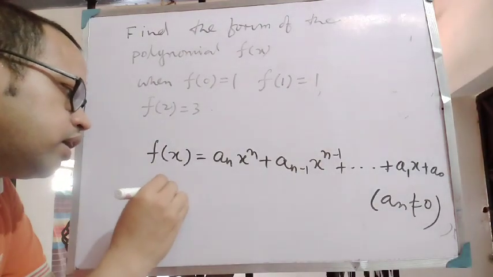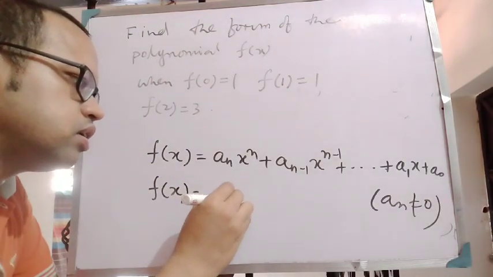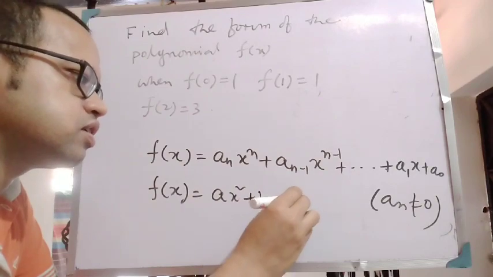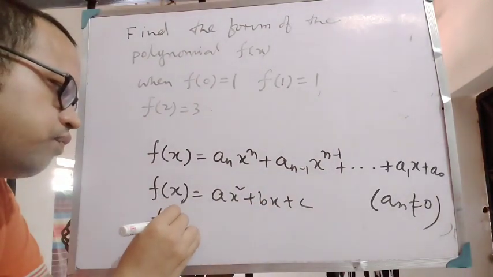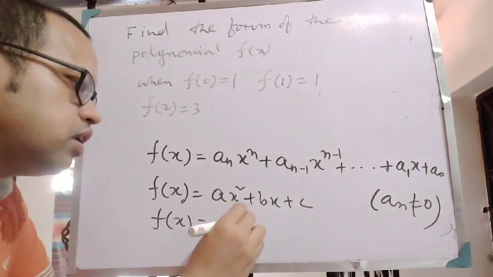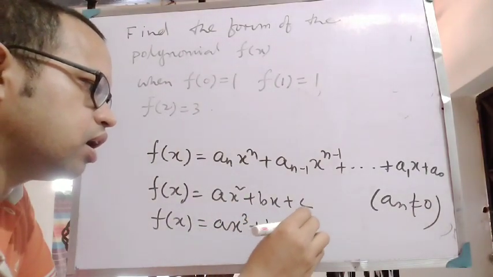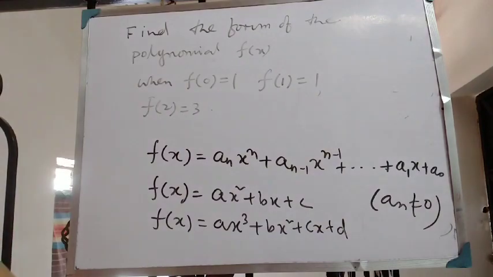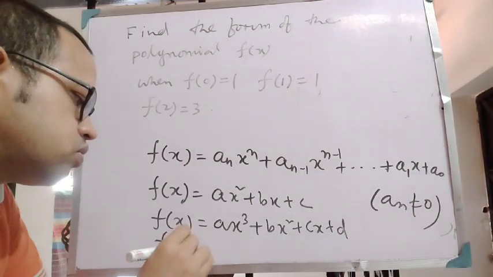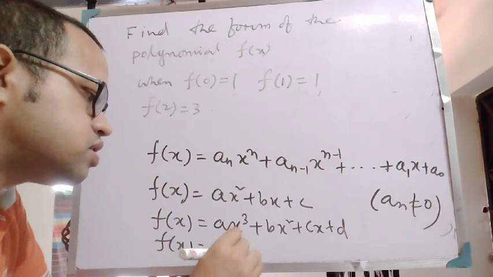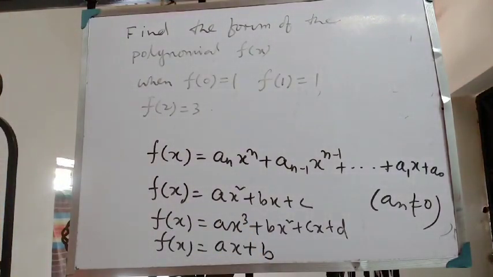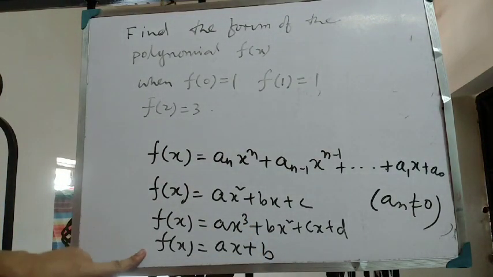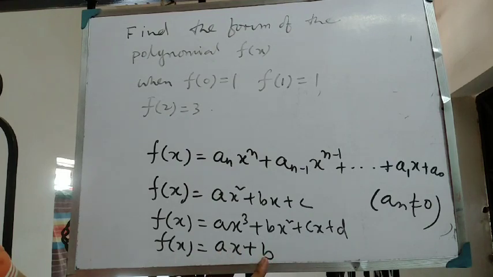If you are asked to write a second degree polynomial, you can write this. If you are asked for a third degree polynomial, you can write this. If you are asked to write a first degree polynomial, you can write this. So every time you see that as the degree of the polynomial increases, the number of unknown constants is one more.